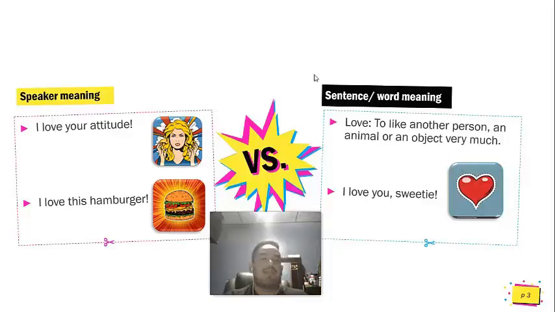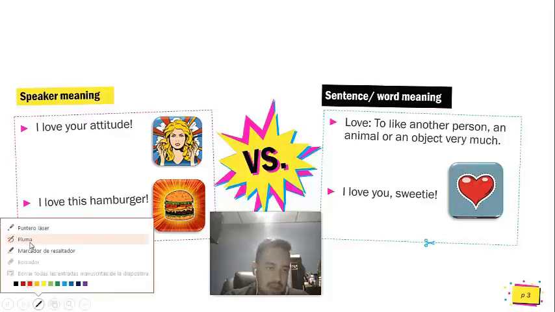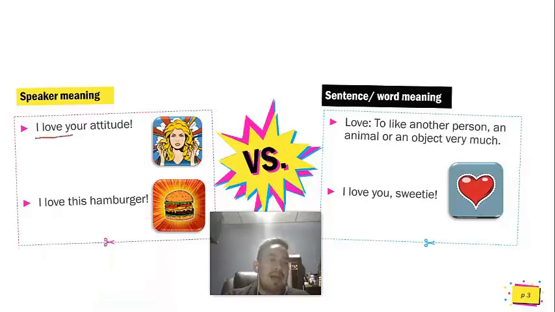For example, we have an example to show what I am talking about here. We have the sentence, "I love your attitude." And regarding the previous meanings that we saw before, we can think of a person really liking a lot the attitude of another person.